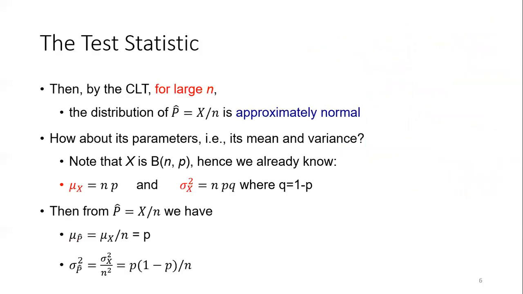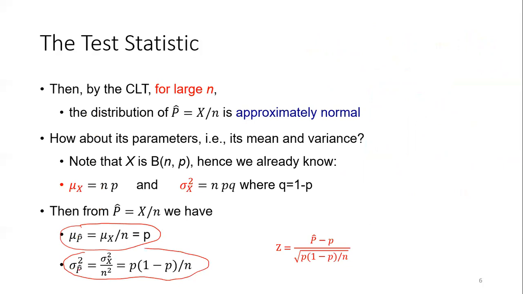The expected value of p hat is equal to p, and the variance, sigma squared of p hat, is equal to p times 1 minus p divided by n.